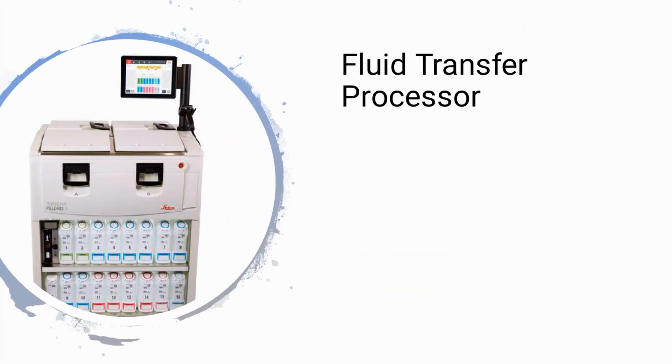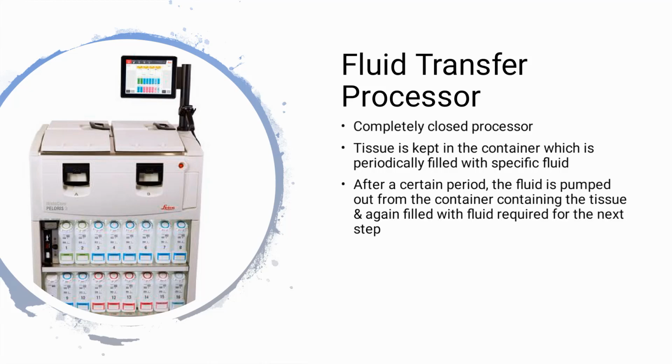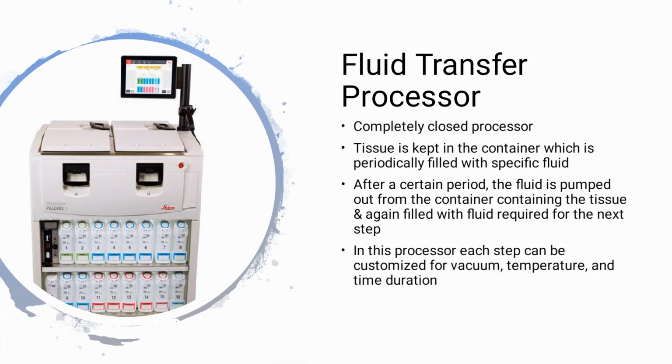The fluid transfer processor is a completely closed processor in which the tissue is kept in the container, which is periodically and timely filled with the different solutions. After a specific period, the fluid is poured out from the container and the same container is filled with another fluid which is required for the next step.